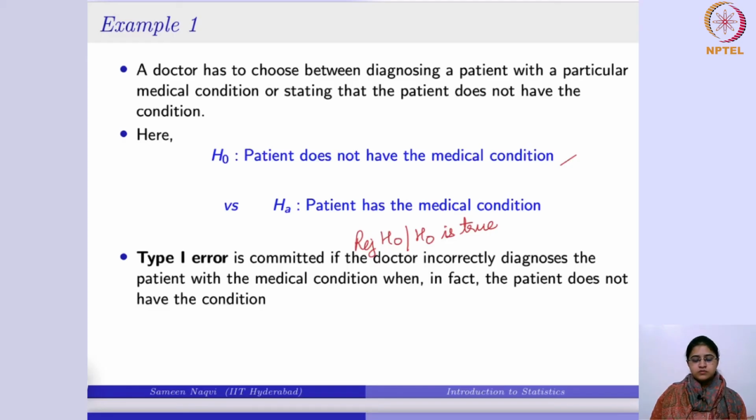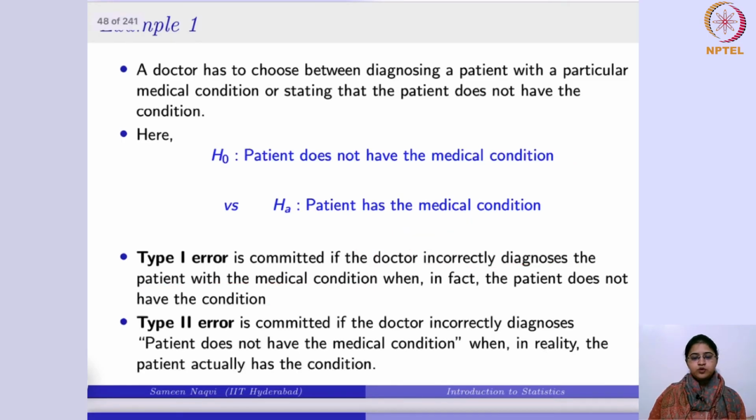So type 1 error is committed if the doctor incorrectly diagnoses the patient with the medical condition. He diagnoses that the patient has the medical condition when in fact he does not have it. So this is the more serious one. And type 2 would be what?